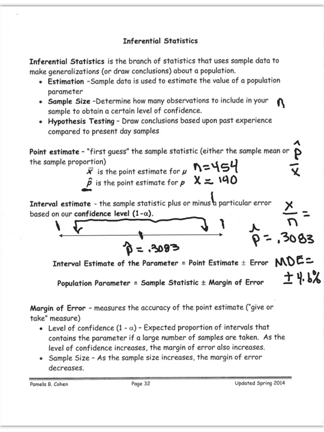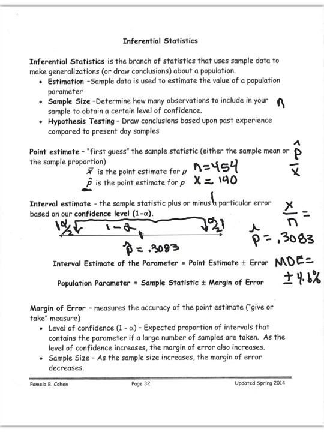And we call the error alpha, but since it's on both sides of my margin of error, it's actually alpha over 2, because you have to divide that error in half. And since that whole proportion, all of the possibilities, has to add up to 1, this is 1 minus alpha.